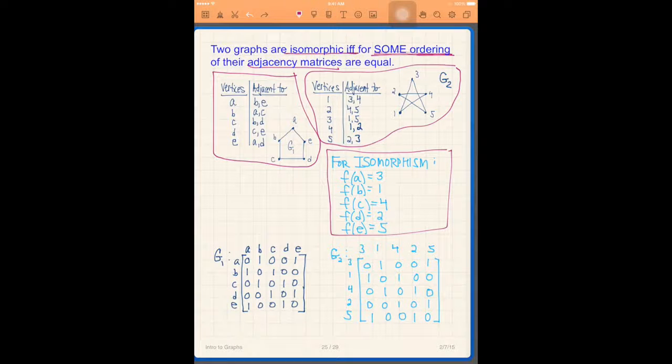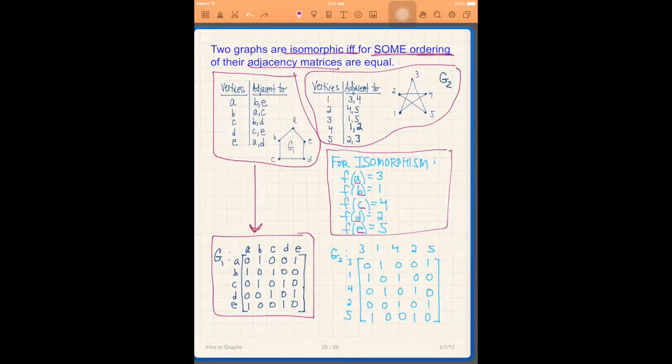So I'm going to have G sub 1, and I was mapping all of the vertices from A, B, C, D, E over to the vertices of G2. I'm just going to take this adjacency matrix for G1, where these are all the vertices that are adjacent to each other, they're neighbors.